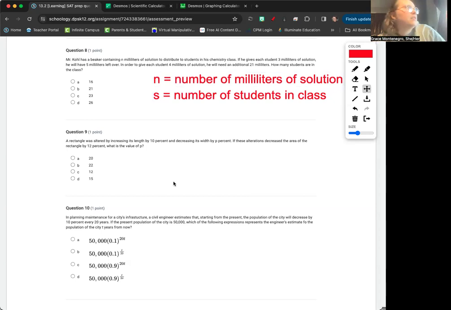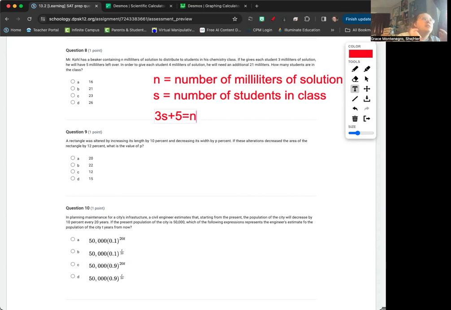Now we write equations. So students times 3, right? Each student is getting 3 milliliters. That adds up to all the solution he's using. And he's going to have 5 milliliters left over, so plus 5 equals N. N is the total solution in milliliters he had.